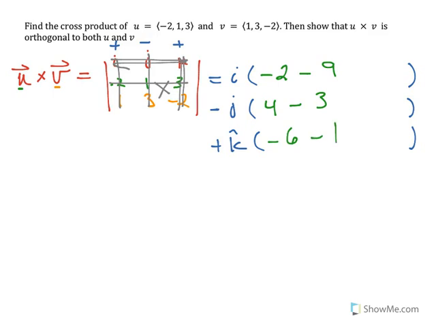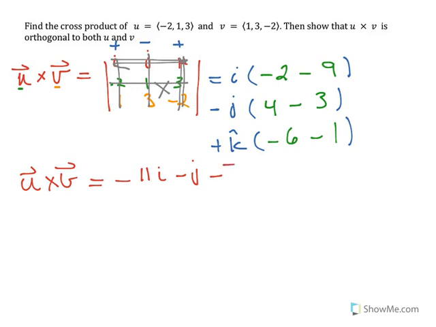Okay, so I'm going to make it look a little nicer. The new vector, or u cross v, is eventually minus 2 minus 9 is minus 11i. 4 minus 3, that's 1, so it will be minus j, and k will be minus 6 minus 1, that's minus 7k.